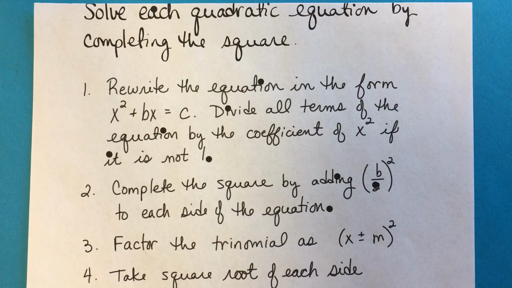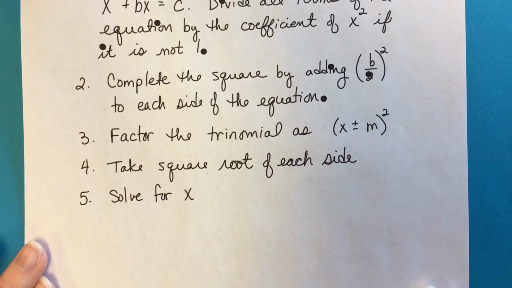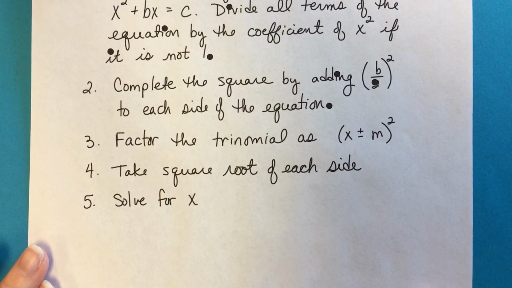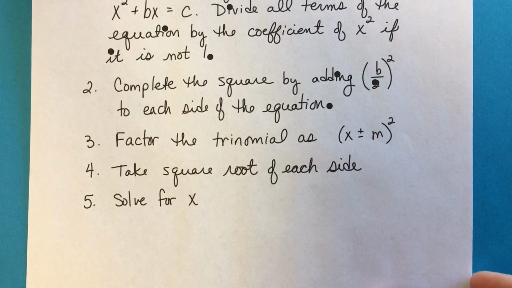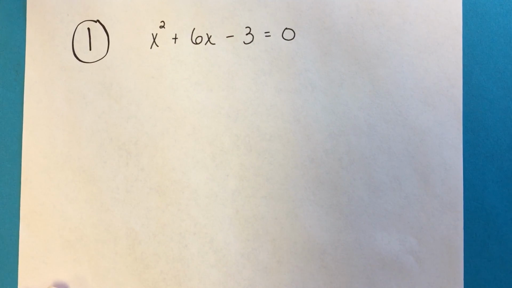Okay, now I'll have to scoot it up for you to see the rest of it. So like I said, just pause your video and get all the steps written down. Okay. So like I said, I'm gonna refer to those as I go through this first example, okay?